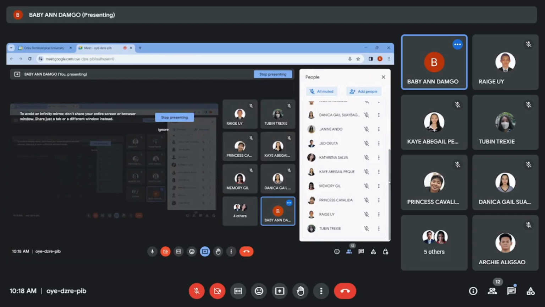If ang here is sine, and then positive ang B, so naa siya sa upper side, in which it is symmetric to pi over 2. Okay, so if B is negative and then we have a sine, so naa siya sa ubos, so it is symmetric to negative pi over 2.